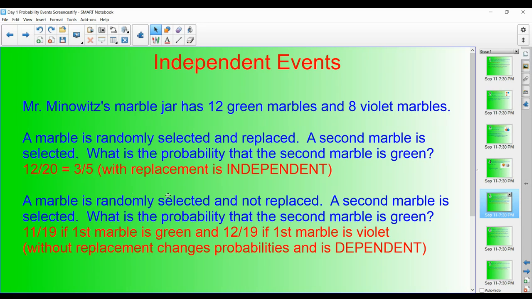Now if I take a marble out, then my probabilities are going to change depending on did I take out a green marble or a violet marble. So with replacement is going to be independent events because each one has its own independent probability of happening. We're not changing probabilities. But if I start removing things or changing the odds, then that's dependent probabilities.